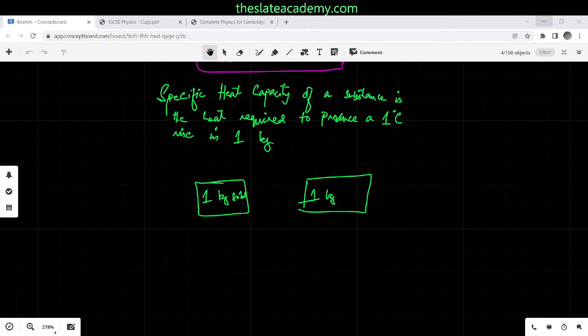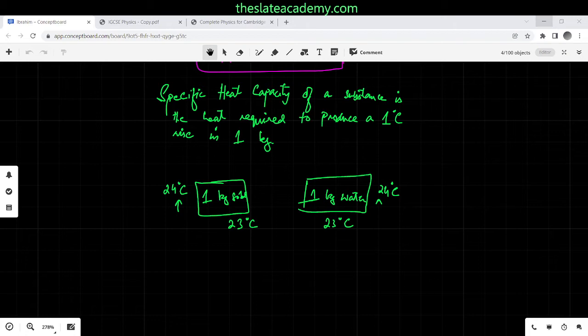If I want to raise the temperature, let's say they're both at the same temperature, 23 degrees centigrade, and I want to raise the temperature of each one of them up to 24 degrees centigrade. Are you following me? The amount of heat that I have to give to each one of them, would it be the same or would it be different?